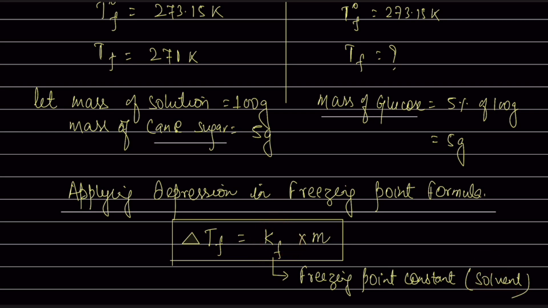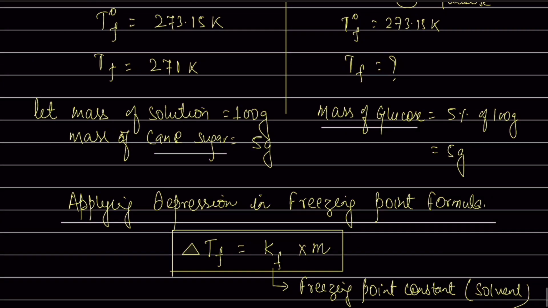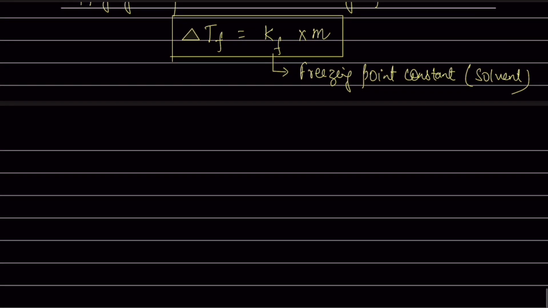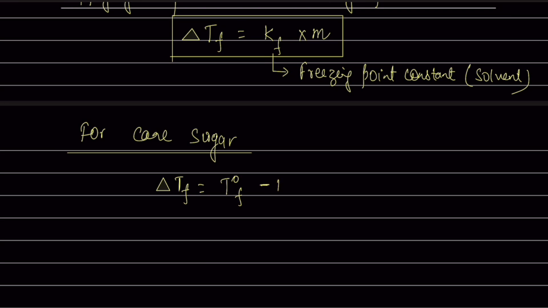Now if we relate these two cases, for cane sugar, delta TF is the change in the freezing point. It's equal to T0F minus TF, so 273.15 minus 271 Kelvin, equal to 2.15 Kelvin. So we got the difference in temperature.